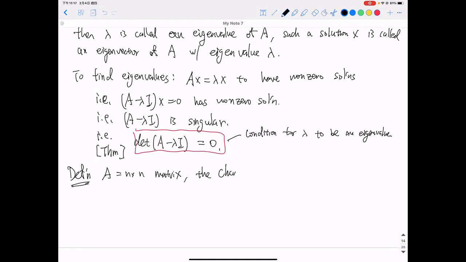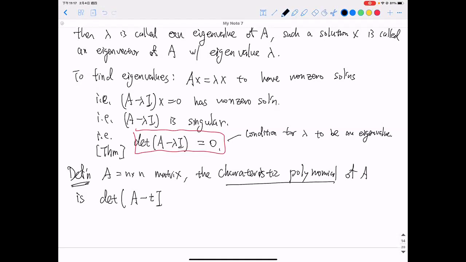The characteristic polynomial of A is this polynomial in T, in the unknown T, that is the determinant of A minus T times the identity matrix. Like I said, T here is unknown. This is the characteristic polynomial of the matrix A.